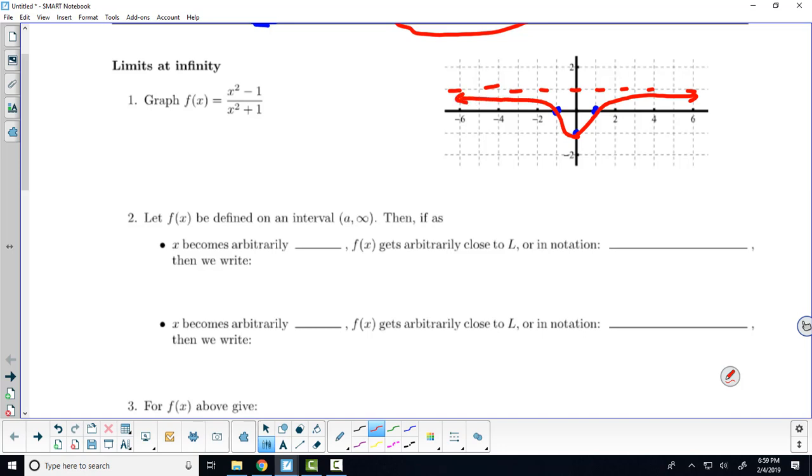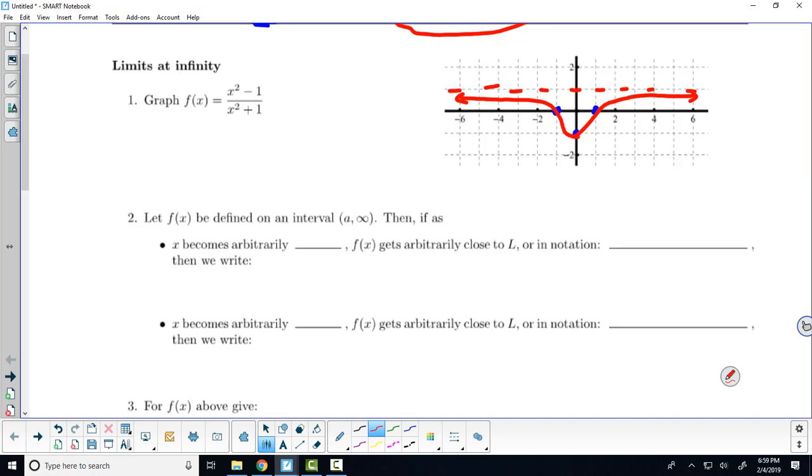Notice that as I plug in large numbers for x, like, I don't know, 1,000. Square 1,000, subtract 1 from it. Then square 1,000, add 1 to it, and look at the ratio between the two. Well, those two numbers are pretty close to each other, right? So their ratio should be pretty darn close to 1.